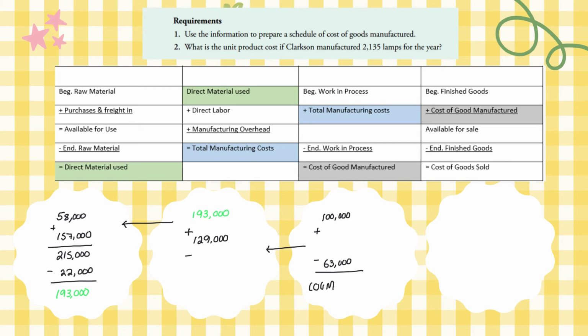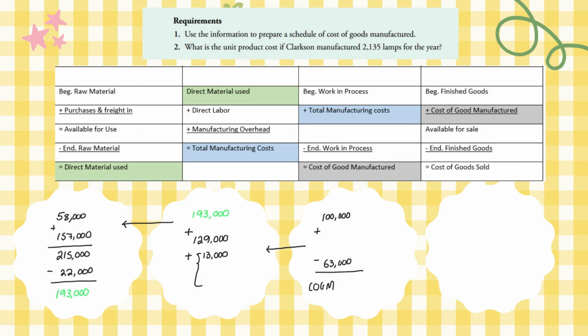Plus manufacturing overhead. As we mentioned, we have more than one manufacturing overhead. You need to list them down. The first one was depreciation, plant, building and equipment, 13,000.